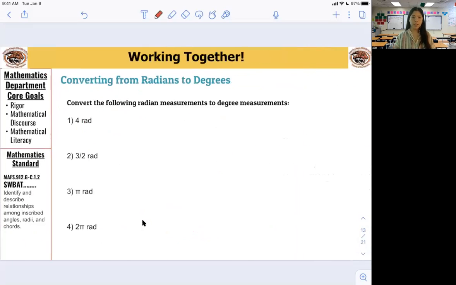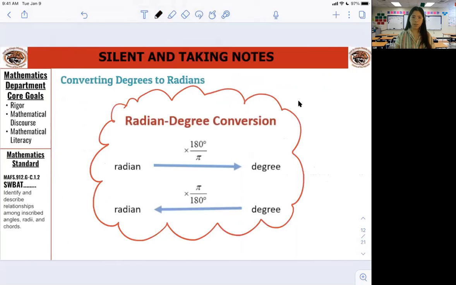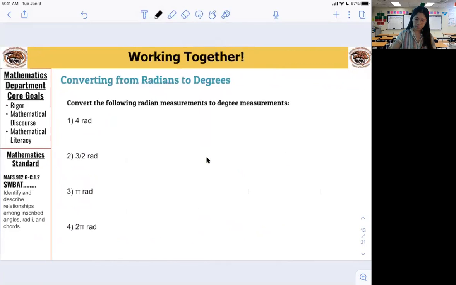So let's do a couple of quick little problems. It's not too bad. We're going to convert the following radian measurements to degree measurements. Okay? So again, I'm going to write the conversion. If I want to go from radians to degrees, I do 180 divided by pi. So if I have 4 radians, I'm going to multiply 4 times 180 over pi.